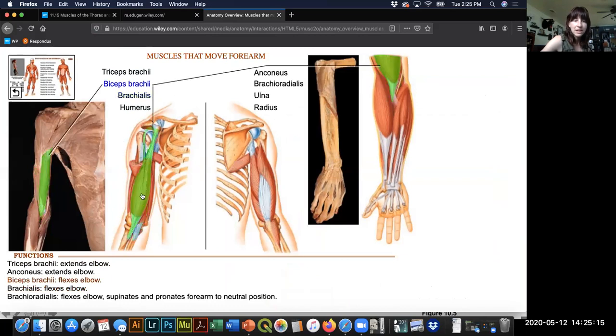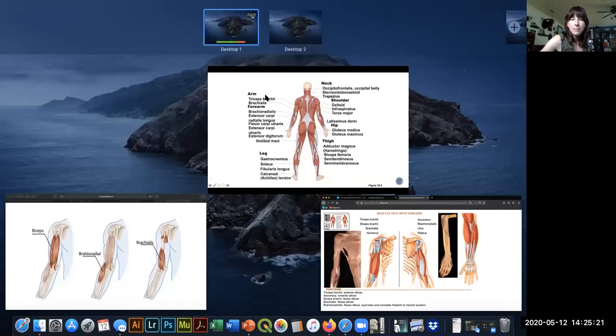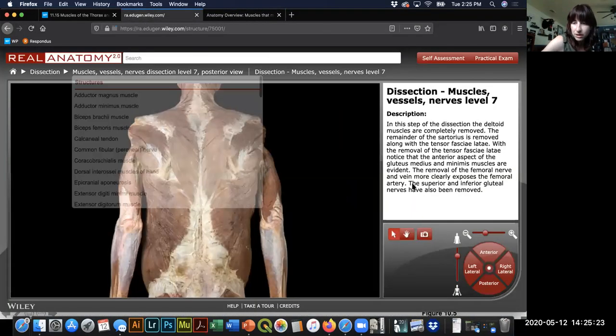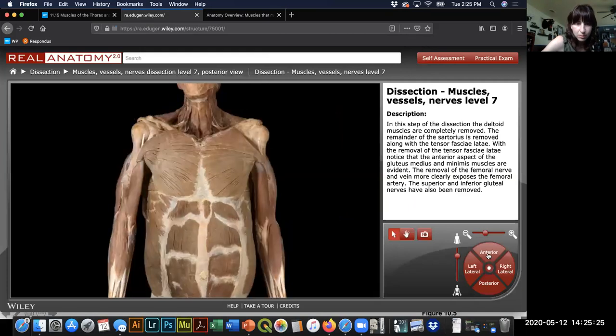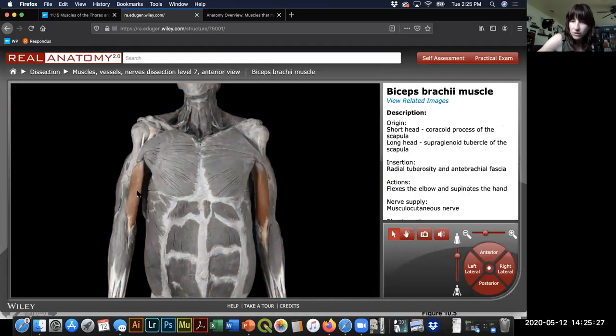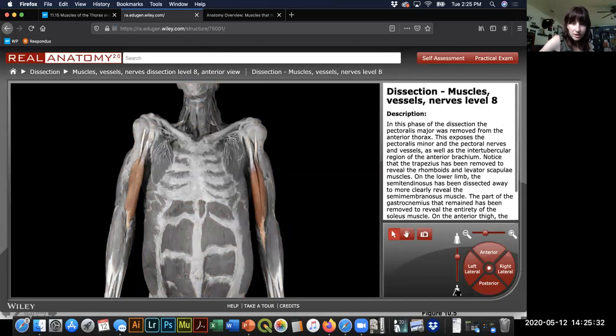I'm highlighting the biceps brachii here, and then I'm highlighting the brachialis just below it. Let's see if we can get to the brachialis from here. So we've got our biceps brachii, and if we dissect that away, how far does it go? Oh, cool, here's a really nice view of the two heads of the biceps brachii here. Very nice. Let's see if we can dissect that away and find the brachialis underneath, shall we?